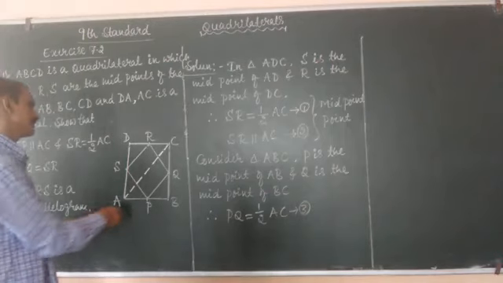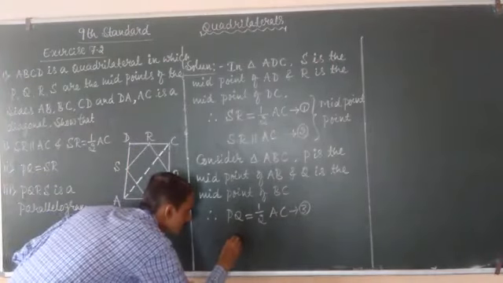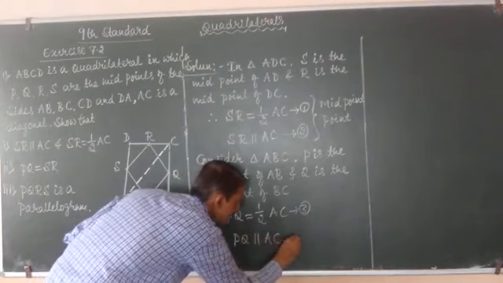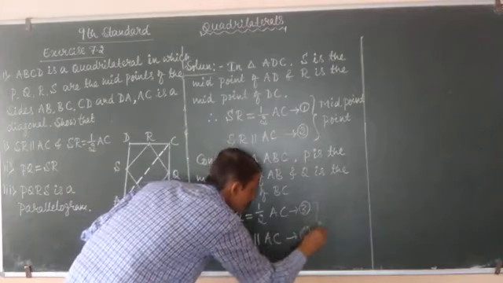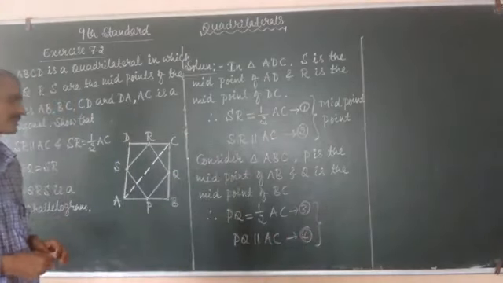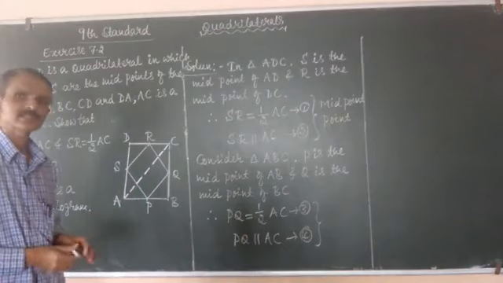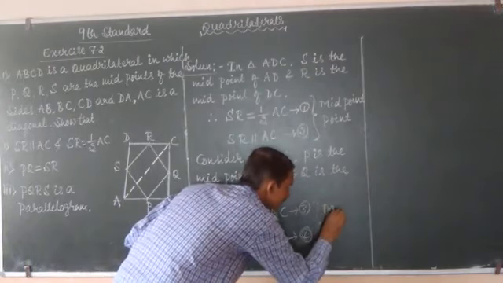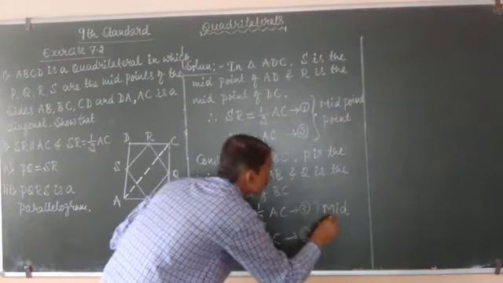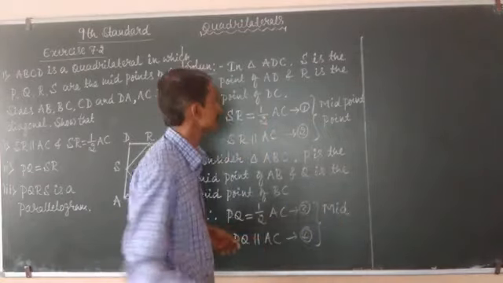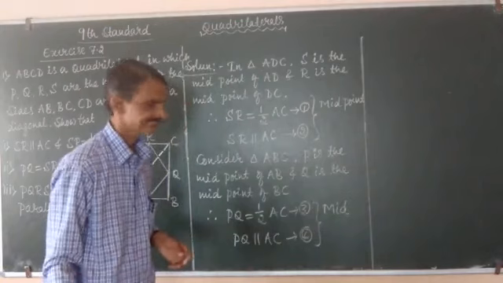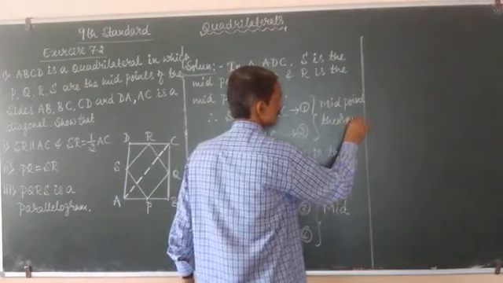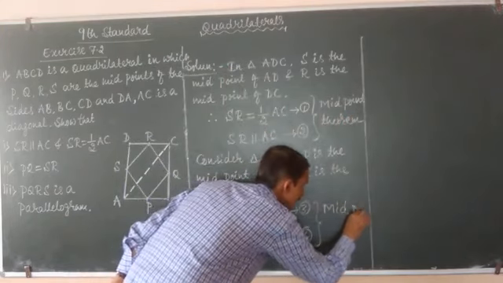And also PQ is parallel to AC. Call this equation number 4. Now students, we have written this by using the midpoint theorem.